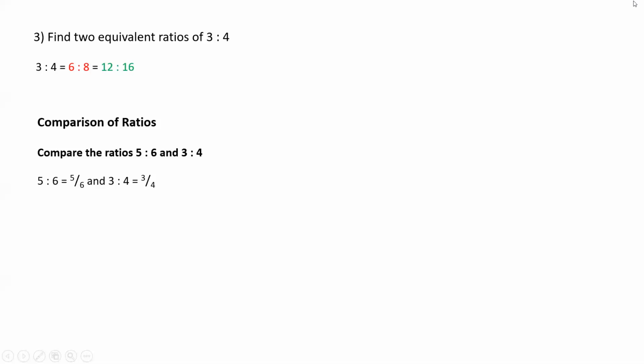Now we know how to compare. We have to find the LCM of the denominators, 6 and 4, which is 24. Next step is to multiply. 6 into what gives you 24? 4. Do the same with the numerator. So you get 20/24. Similarly, 3/4 will be 18/24. Now it is like fractions, and you can easily compare them.